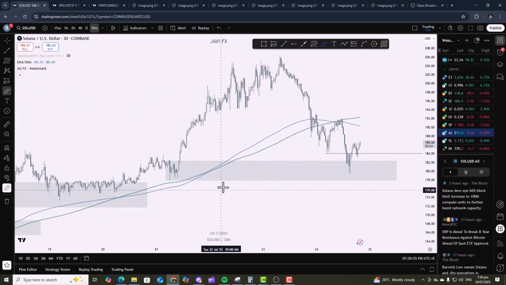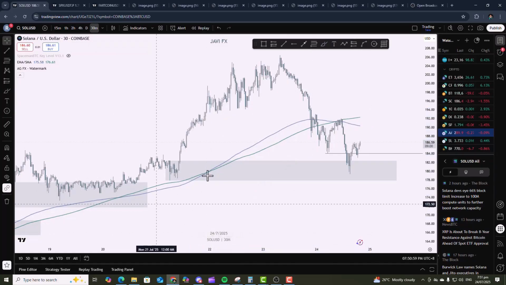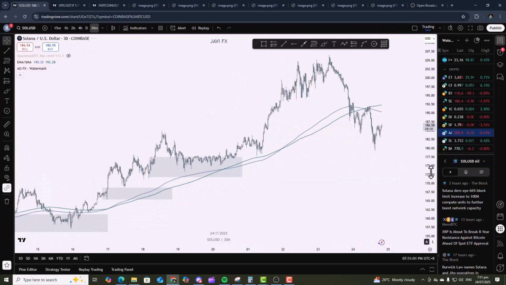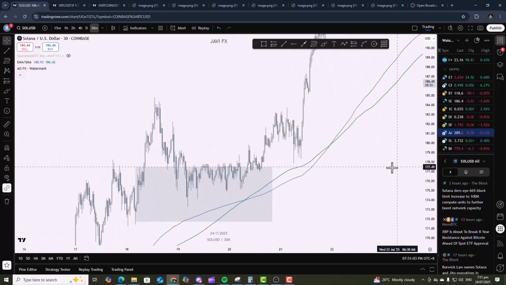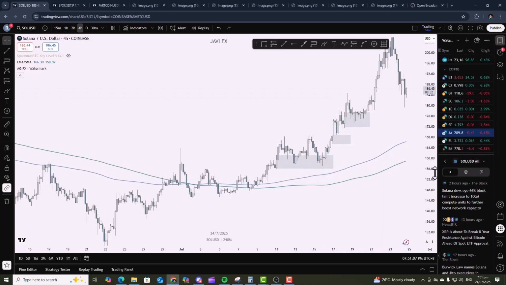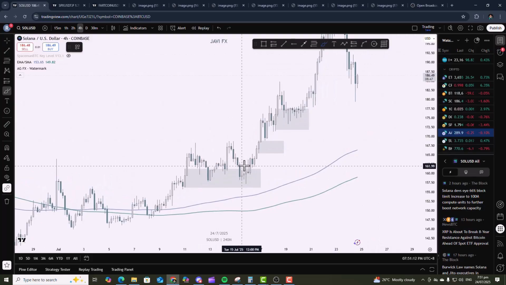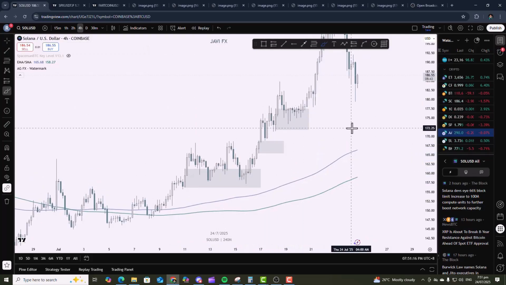So, let's go down to the last one. Solana. All right. So here, let's top-down analyze this for a while. So we're basically chaining demand zones. Perfect.